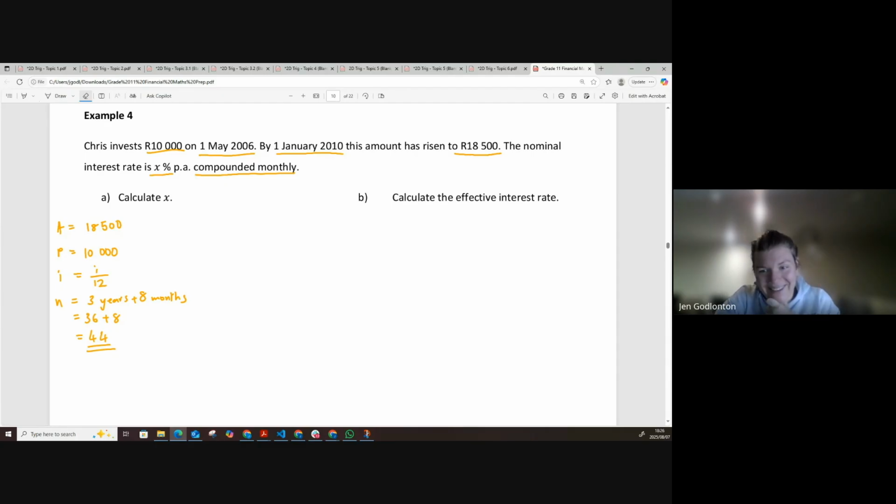There we go. 16.9, love it. Okay, I'm going to give you a couple more minutes to finish this one. And if you have finished it, you can work on calculating the effective interest rate.